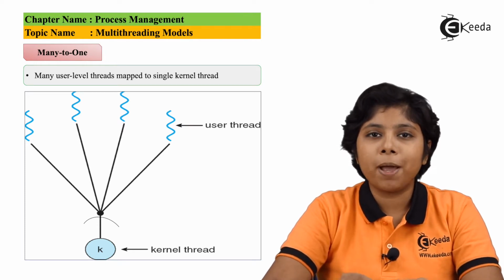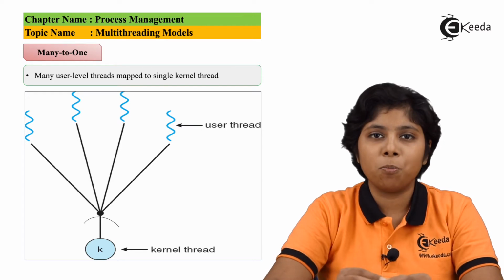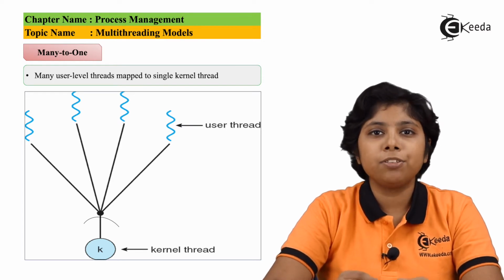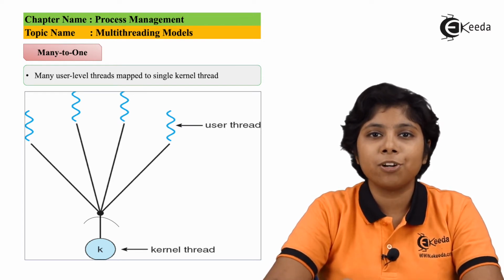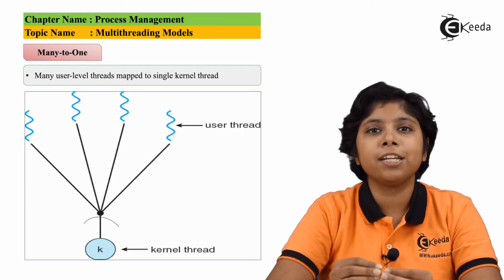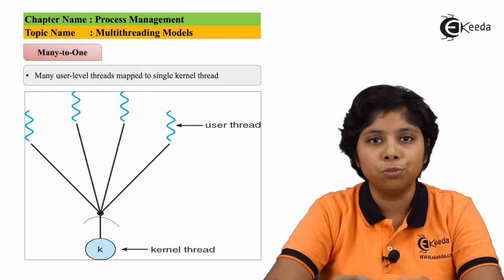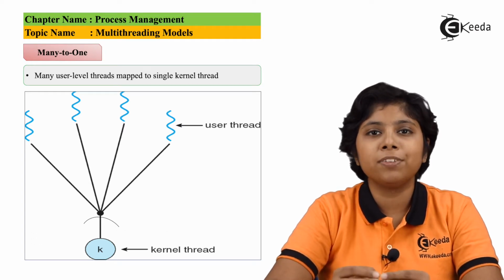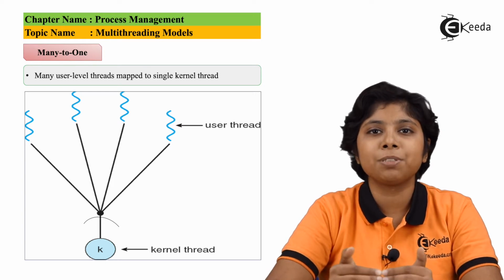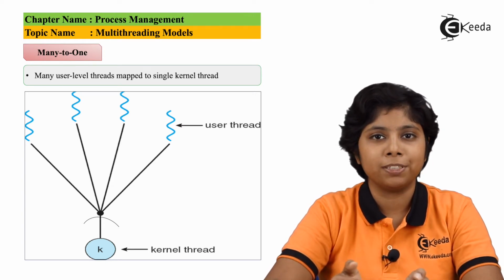The only drawback in this one-to-one model is that creating a user thread also requires creating a separate, corresponding kernel thread. So the overhead of this kernel thread creation can be a burden on the system's performance.